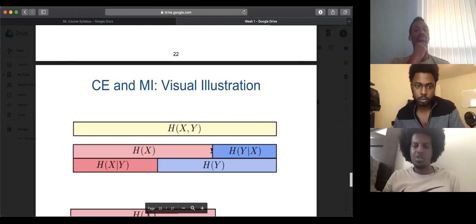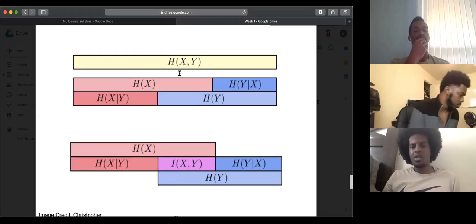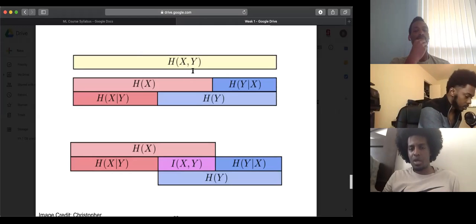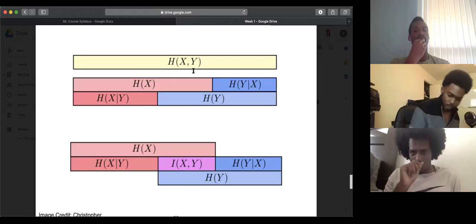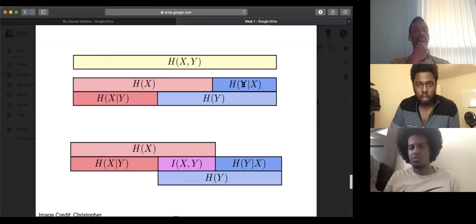The visual illustration gives you everything you need to really get it. So h of x, y, the joint entropy between x and y, is the total amount of entropy of the whole system, right? And we can represent that as h of x minus h of y given x.